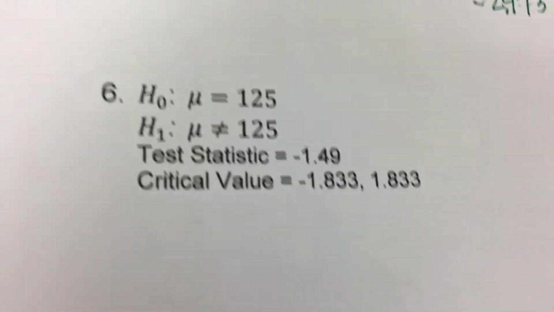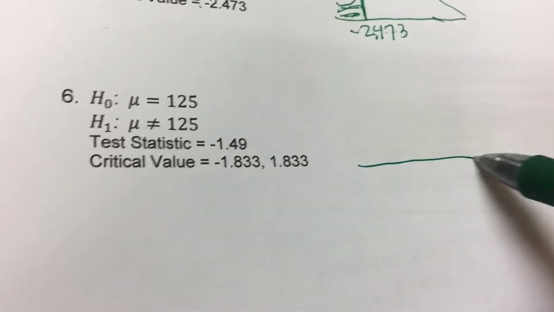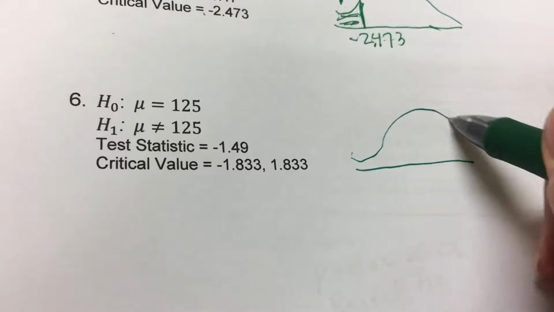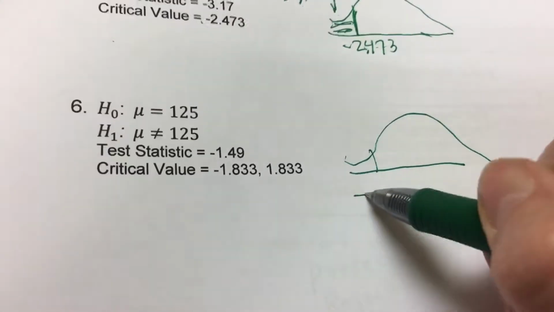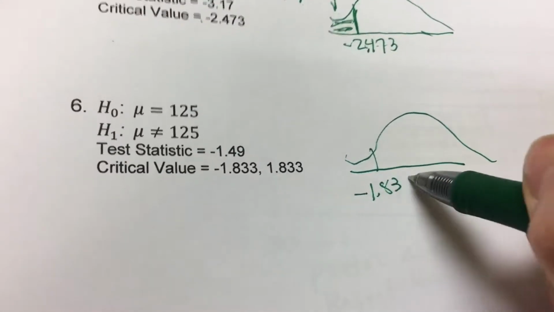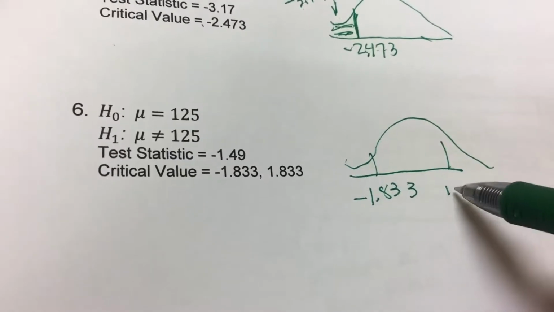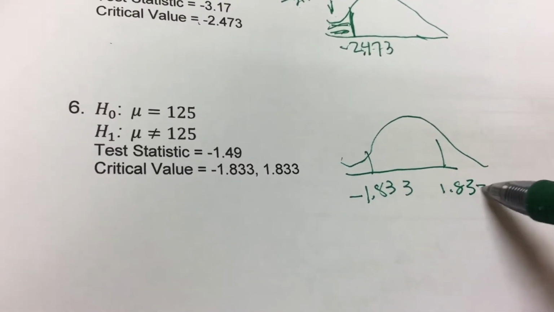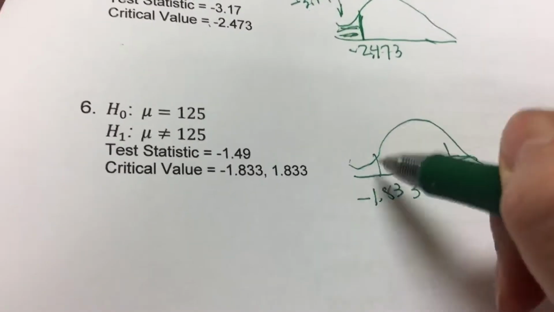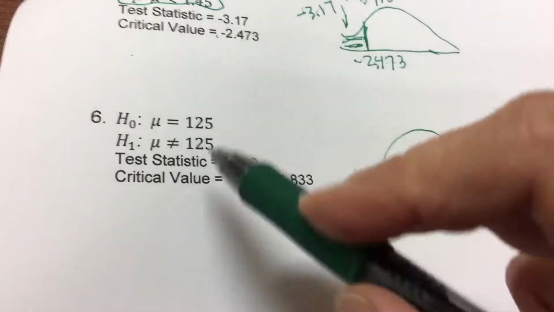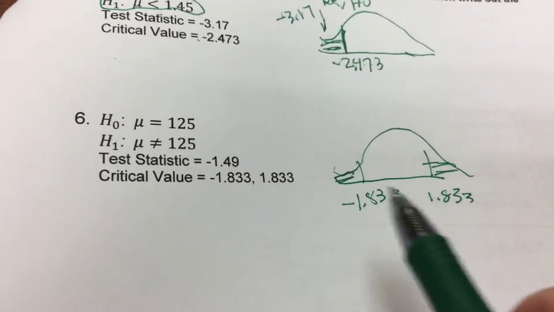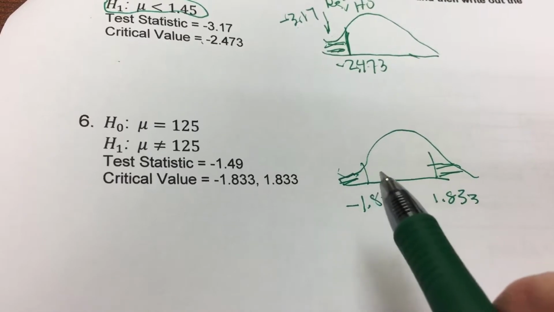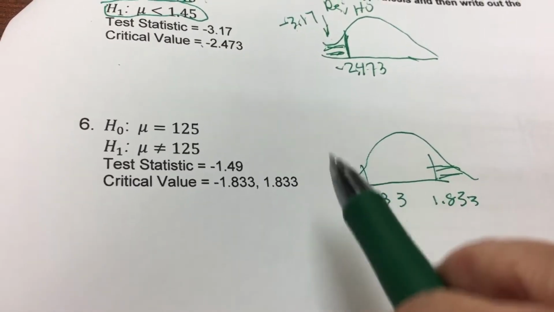Notice if you got a not equal, that's going to be a two-tailed test. It looks like this. You've got a negative 1.833 and a positive 1.833. The shading region is in the tails. Now you take your test statistic and place it on the number line. Would it be in the middle, or is it going to be on the ends?